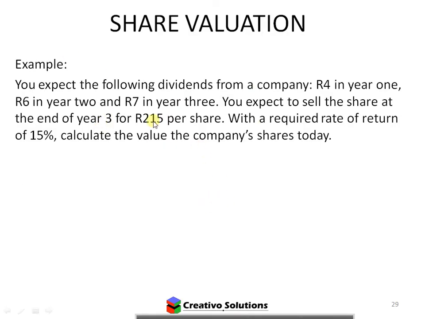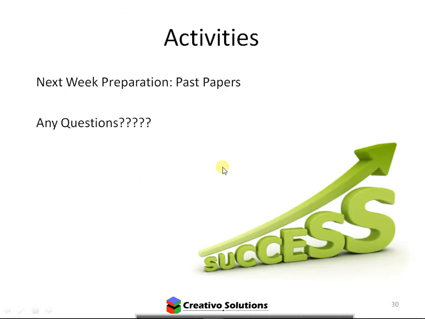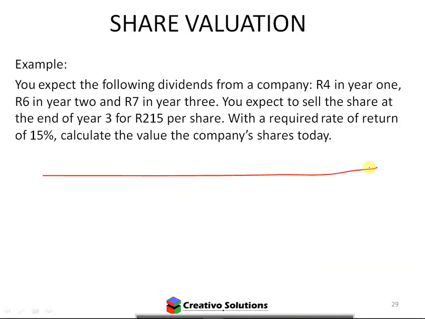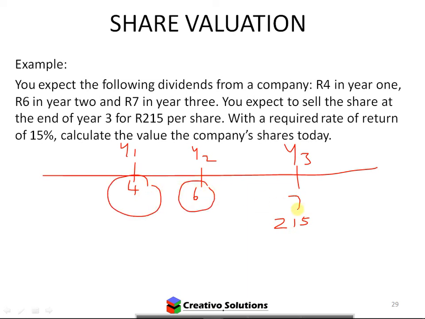Right. Then the last bit, one of these, where you need to do what? Draw a timeline. Did I draw a timeline here? No, let's draw one. So 4 Rand in year 1, 6 Rand in year 2, 7 Rand in year 3. And we expect to sell the share for 215. So there's a dividend, and that's a cash flow.